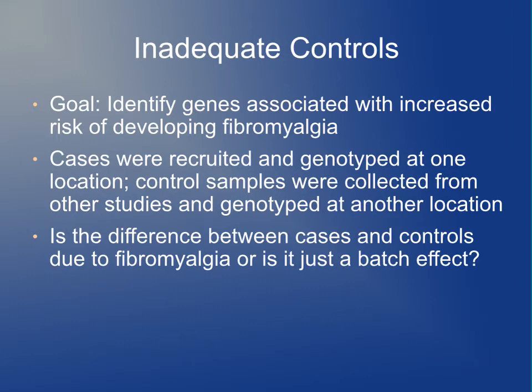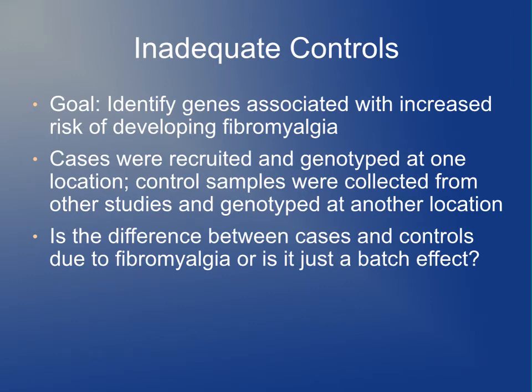I got super excited and was having visions of appearing in the New England Journal and so forth. And then I talked to my collaborator and he said, Eric, that particular marker is an ancestry informative marker, and that other one was just a quality control marker. Those should not be associated with fibromyalgia. Double check your results.